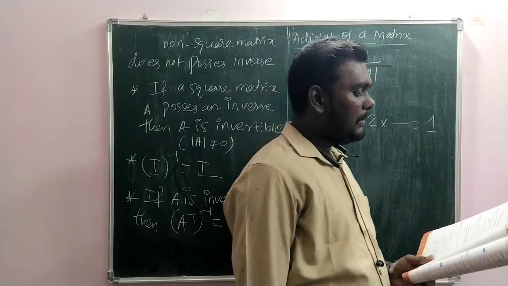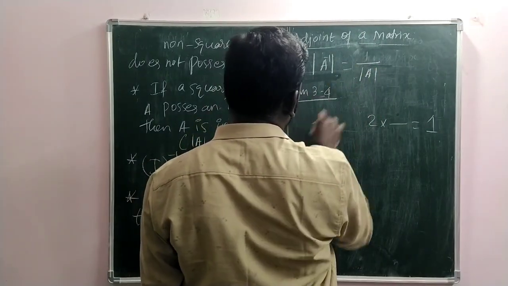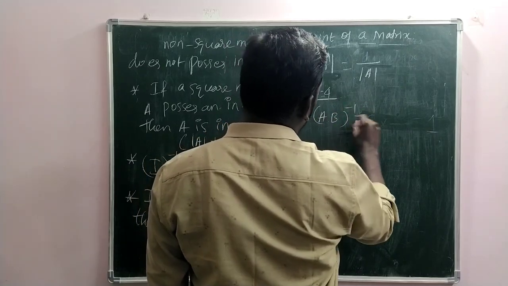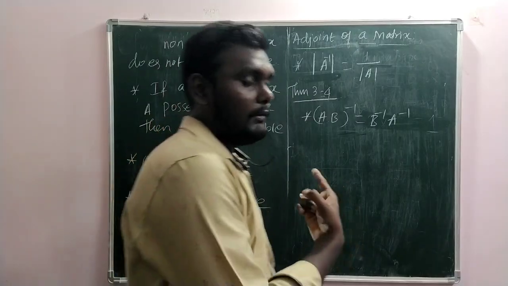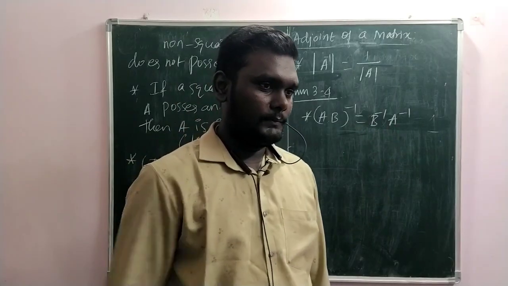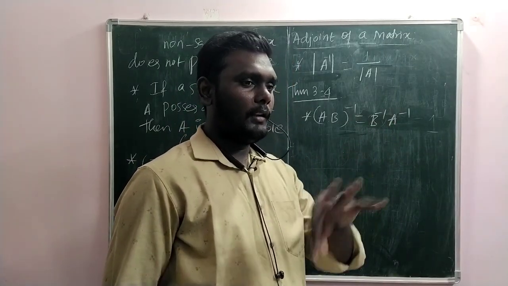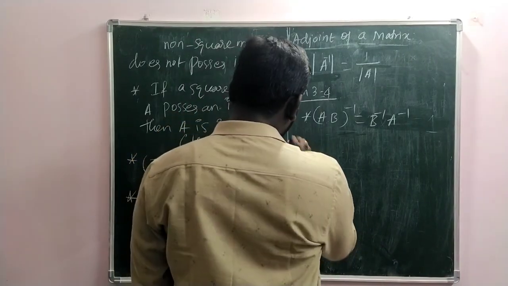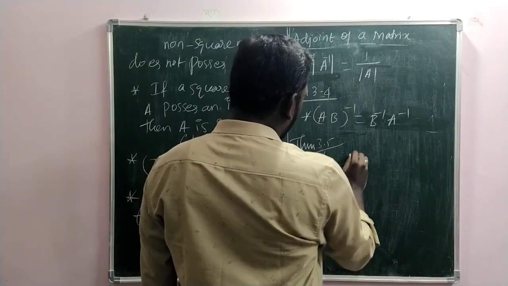And then 3.4. If A and B are invertible matrices, then AB whole inverse is equal to B inverse into A inverse. Okay. Same like we have seen one property before. What is it? AB whole transpose is B transpose A transpose. And the same way, we mark this theorem as notes. Okay.